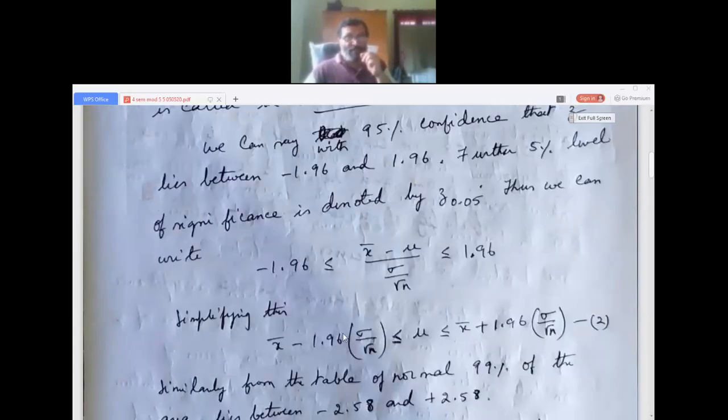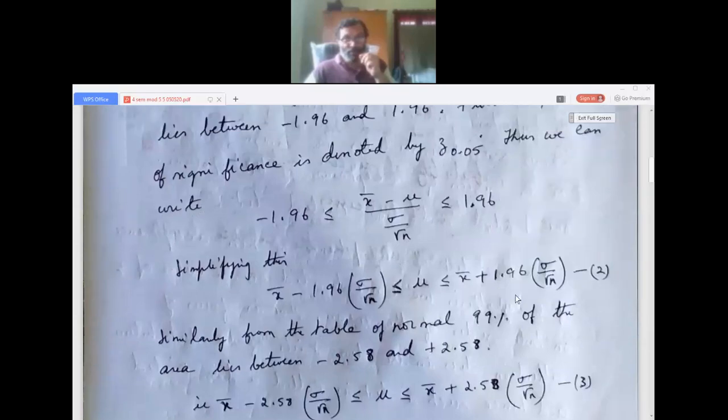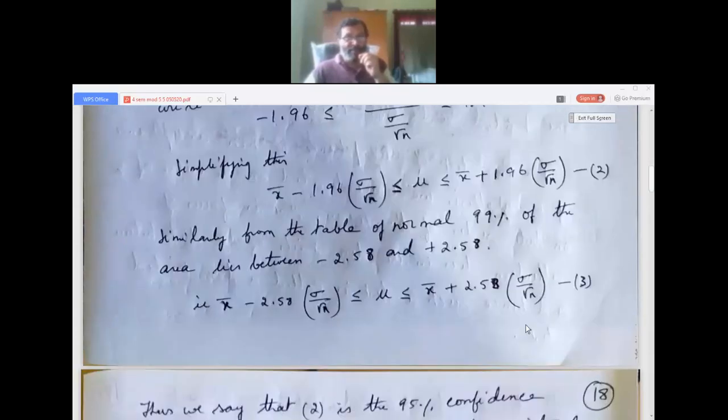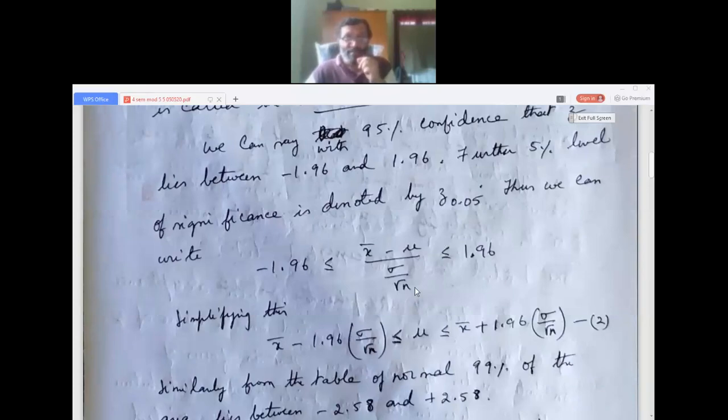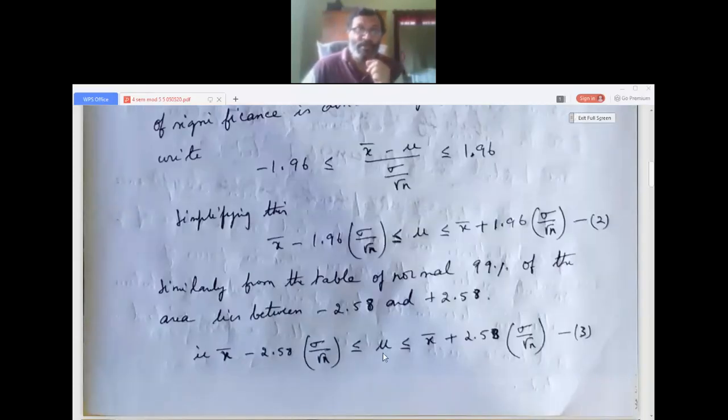Equation 3 is the 99% confidence interval, because from the table 99% of the area lies between minus 2.58 and plus 2.58.